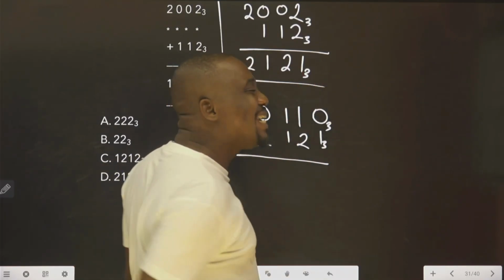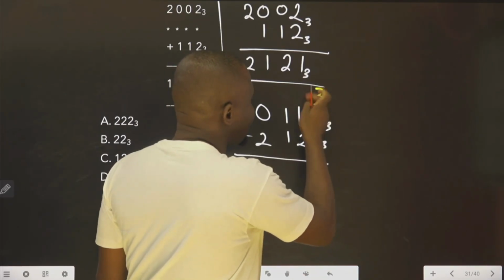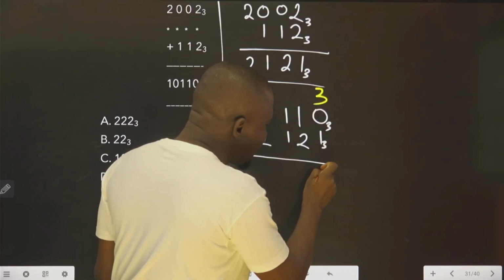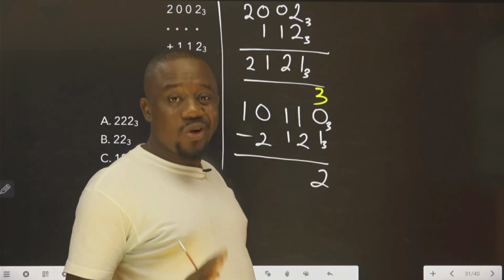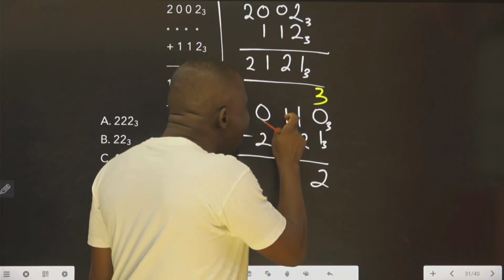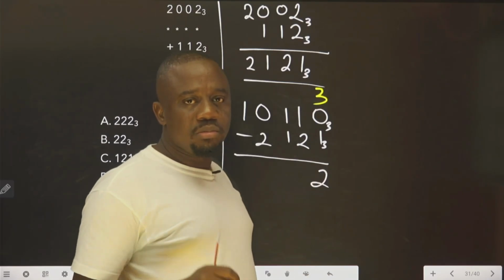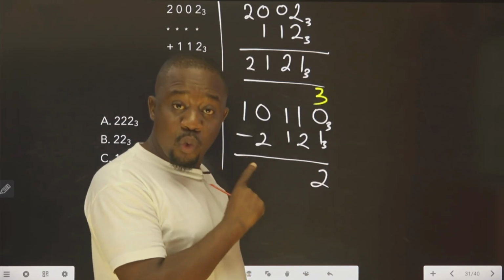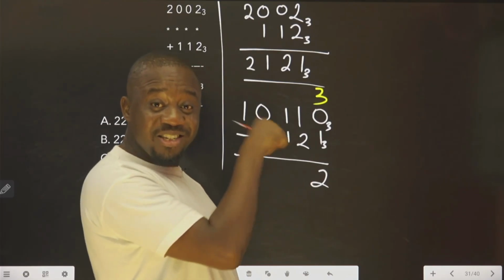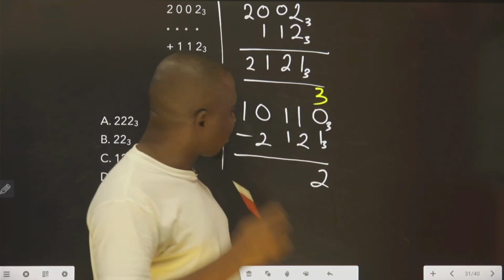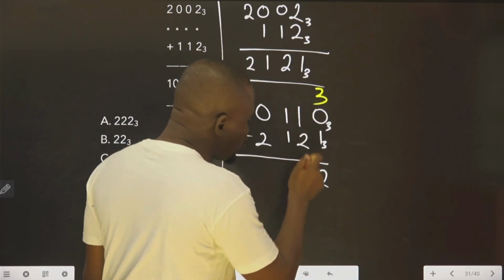The one we are carrying is 3. So the 3 minus 1 is 2. When we carry 1 here, what is remaining? 0. Okay? So we are going to carry 1 here again and bring it to the 0. The 3 plus the 0 that was there before is now 3. The 3 minus 2 is 1.